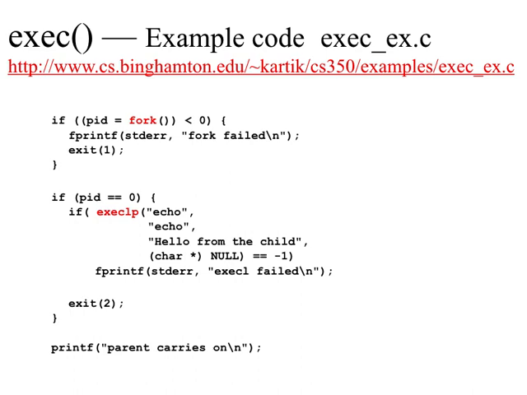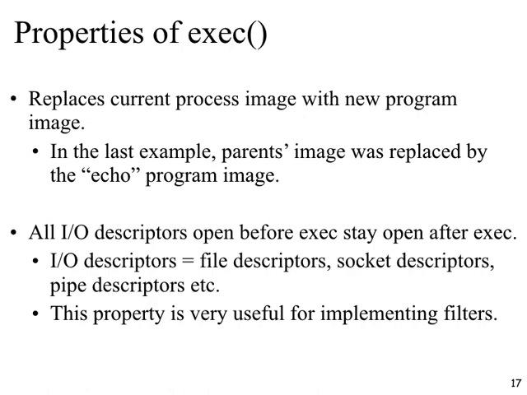All the code that you see on this slide would be replaced in the child process with the code for the exec program. On the other hand, you can see that the parent process carries on doing whatever it's supposed to after forking the child process. So in summary, the exec system call replaces the calling program's image with a new program image.